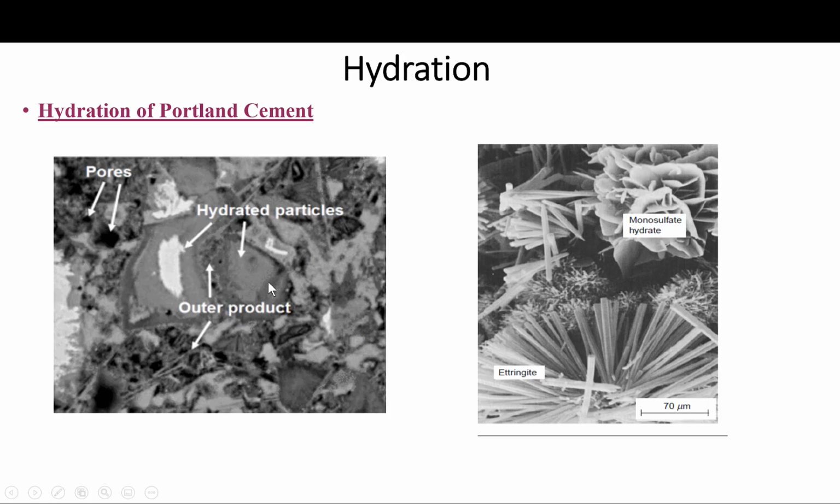This photo here shows the hydration of the C3S, shows a hydrated particle, and shows this outer product we talked about, and the inner product, how this is denser than the outer product. These are the pores.